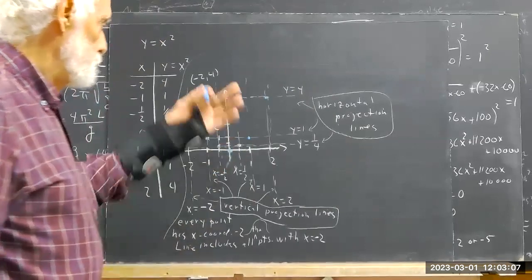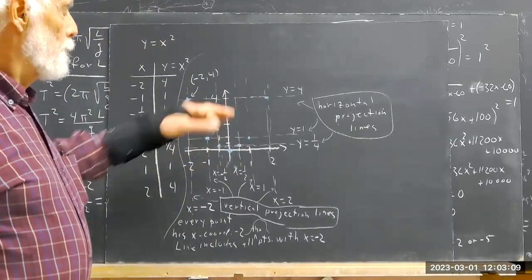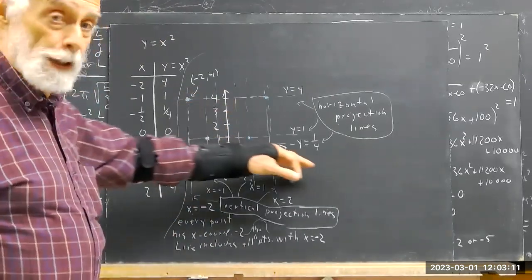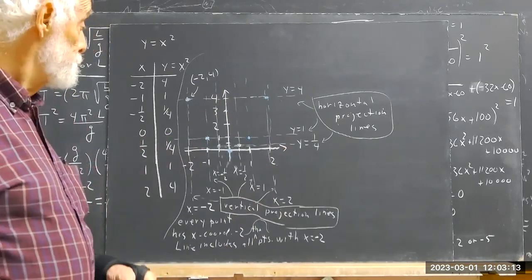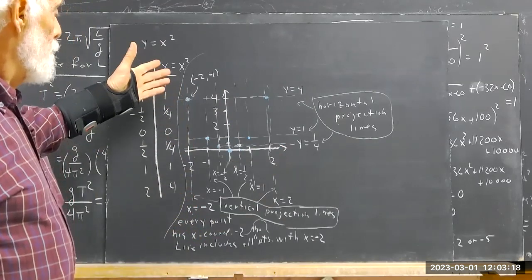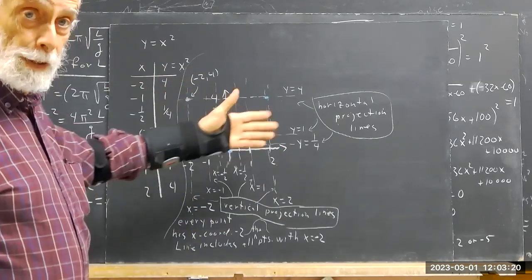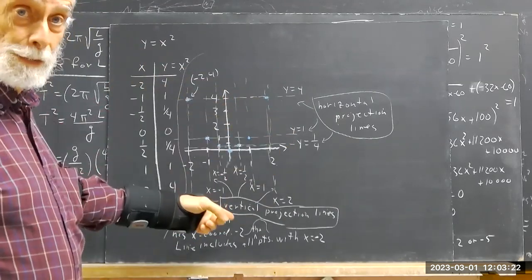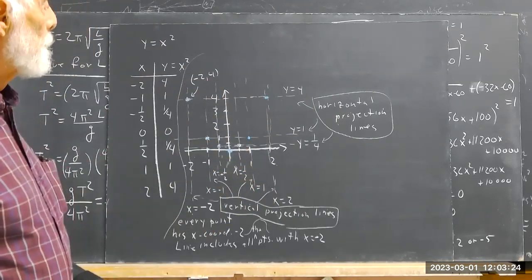Notice there are only 3 of them, 4 if you include the x-axis. And there are 7 vertical projection lines if you include the y-axis. Okay.